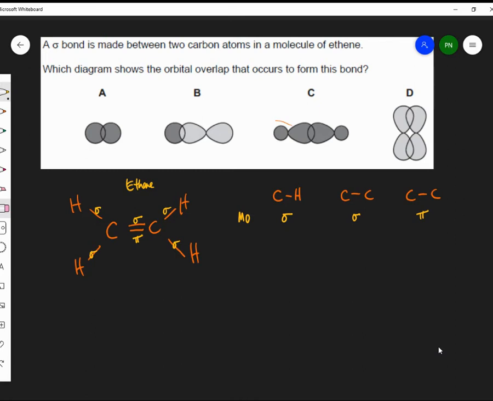What was the hybridization around this carbon? And this carbon's the same thing. What's the hybridization? Hold on, Laurel, that's not what I asked.